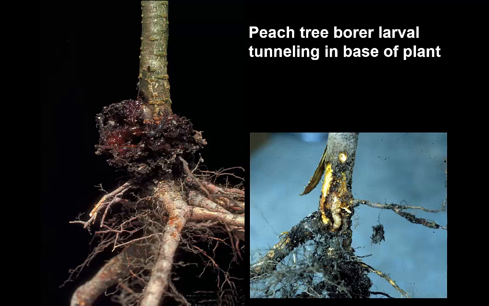So peach tree borer larvae are going to be almost entirely concentrated around the base of the plant, and what you'll see is a kind of rough gouging wound being made by the larva. And since these are stone fruits, the genus Prunus, you also get quite a bit of goo, a sap that flows in response to this wounding.